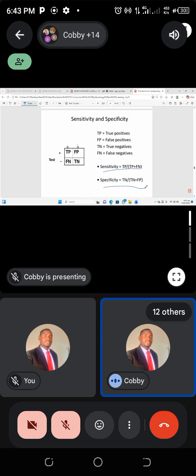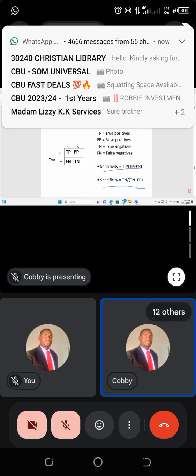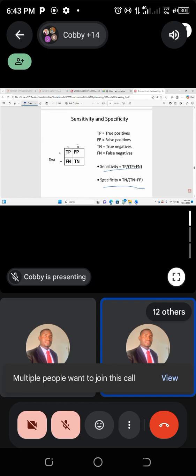So sensitivity is equal to true positives divided by true positives plus false negatives. Then specificity is equal to true negatives divided by true negatives plus false positives. Okay?